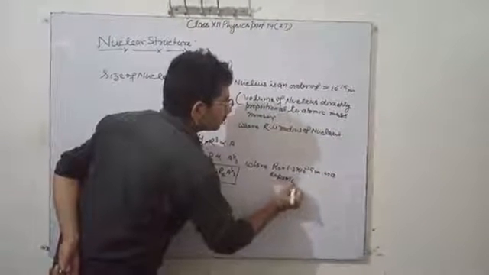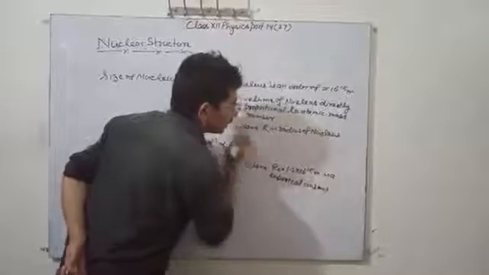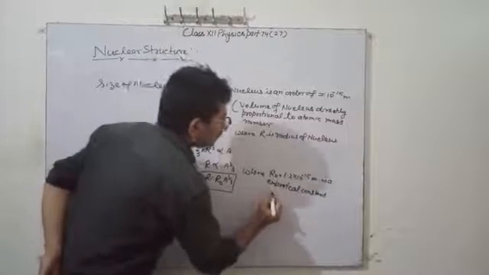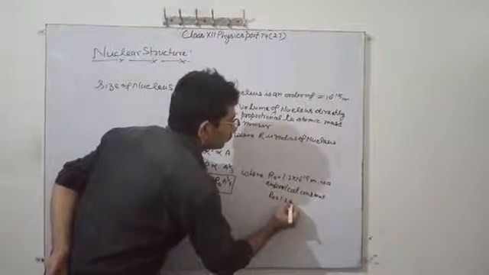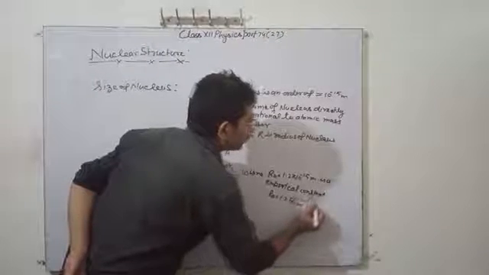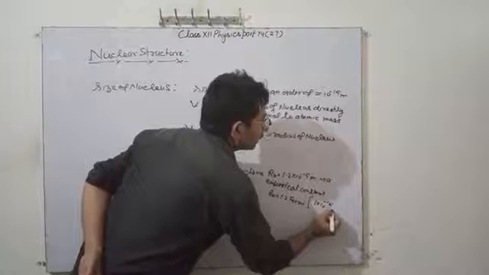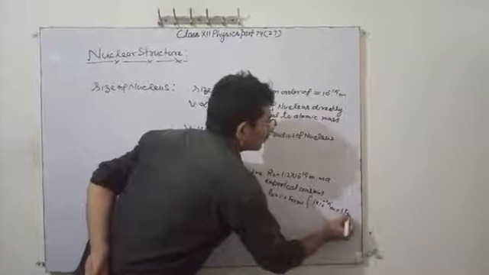In Fermi, r naught equals 1.2 Fermi, because 1 into 10 power minus 15 meter equals 1 Fermi.